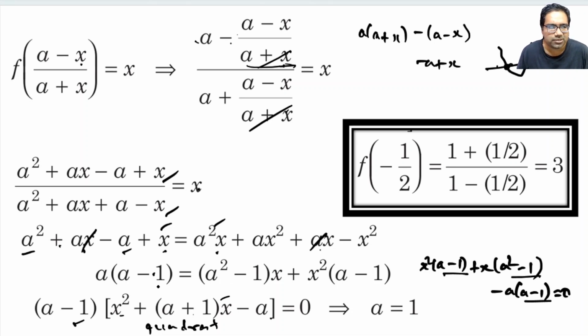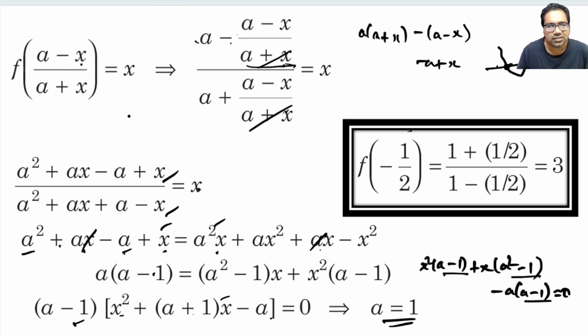But the product has to be 0 always. Obviously, if a is equal to 1, then this product is always 0. Otherwise it will not always be 0; it will depend on other factors like b square minus 4ac. So a equal to 1 is the solution.